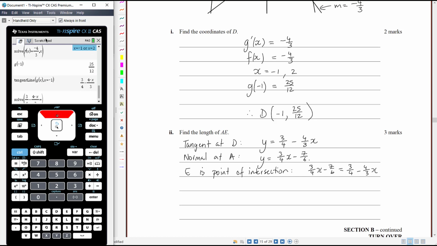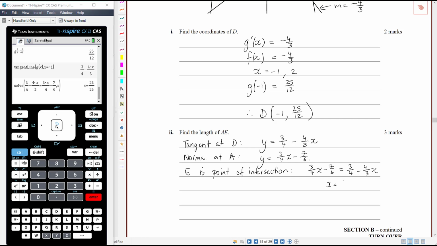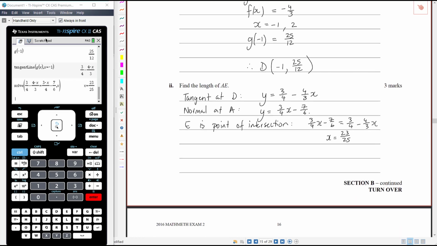I should have that 3/4 x minus 7/6 not too far back here, there it is. Okay, so that is when x is equal to 23 on 25. And so E, let's sub that into G of x. Oh no, sorry, E isn't on G.